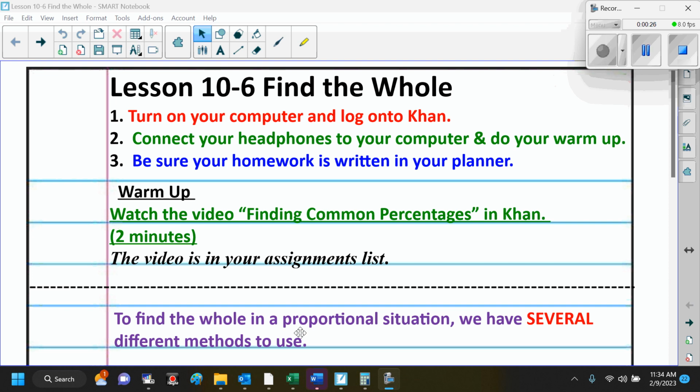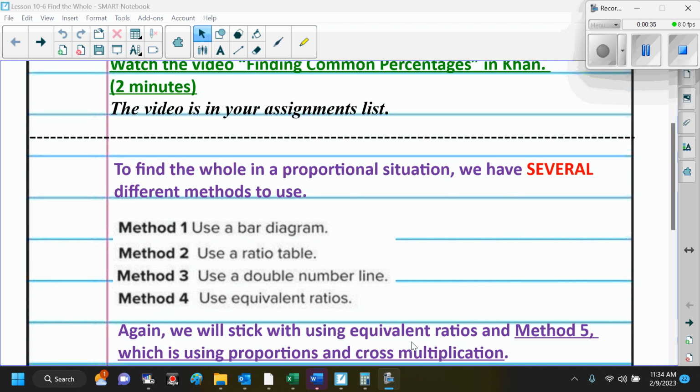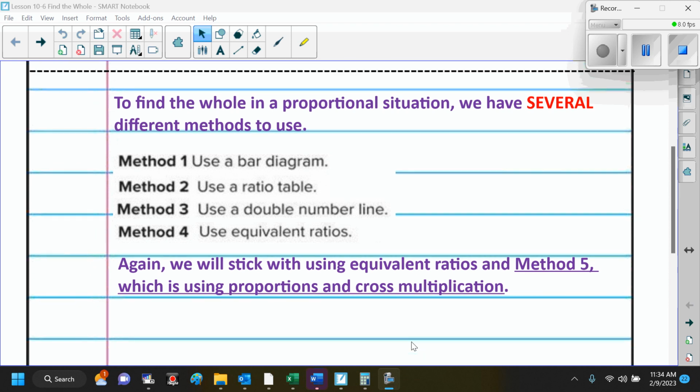Now, to find the whole in a proportional situation, we have several different methods to use. You don't have to write this down because we talked about this last class. We had the bar diagram, the ratio table, the double number line, and equivalent ratios. While those are all fun to use, some of them take a little bit of time.